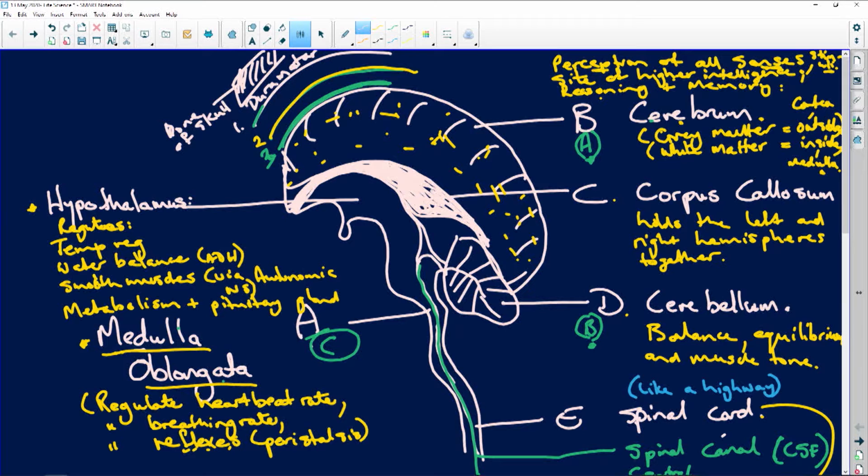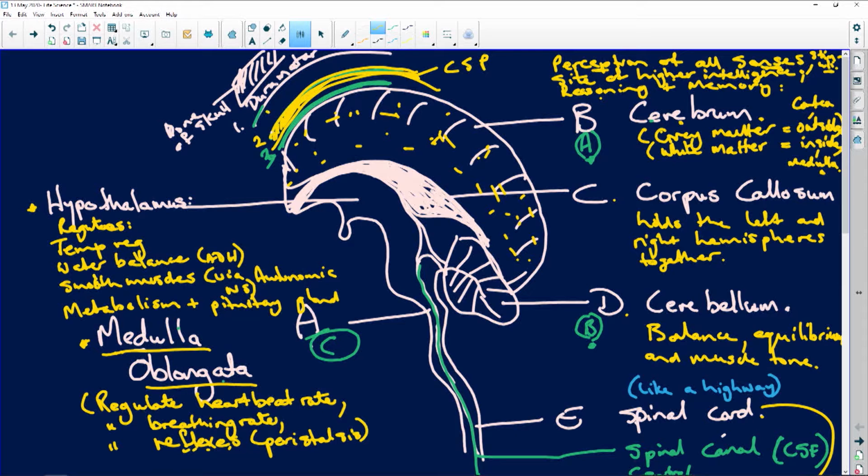Between this second layer and your third layer is a cavity, and that cavity is filled with cerebrospinal fluid. Now, the second layer is a little bit more difficult because it sounds like you got arachnophobia.